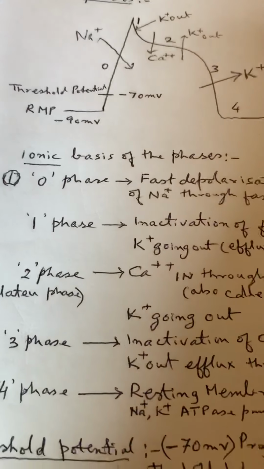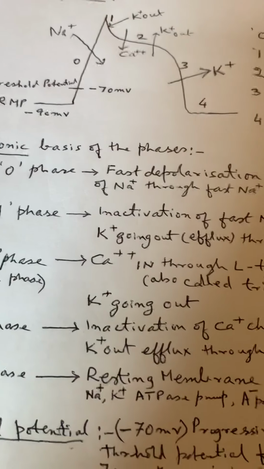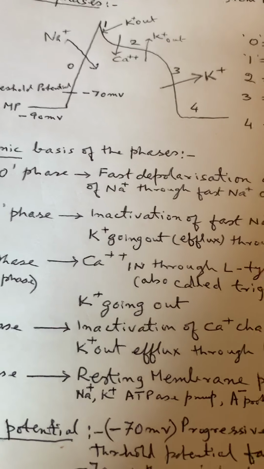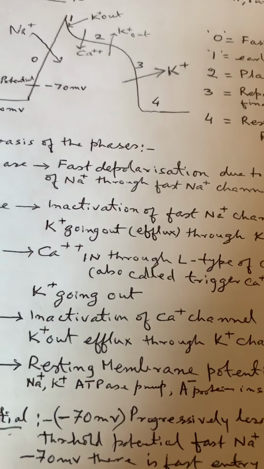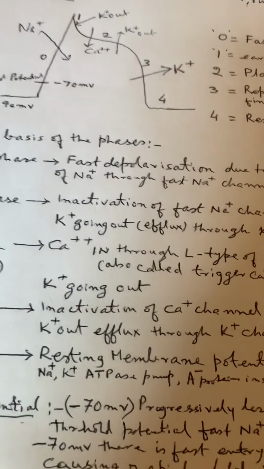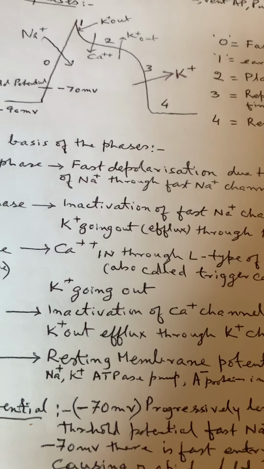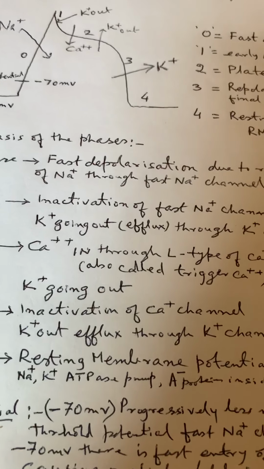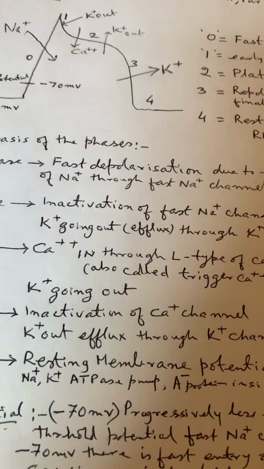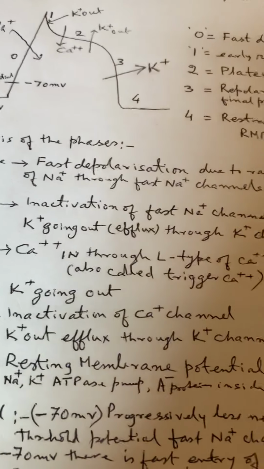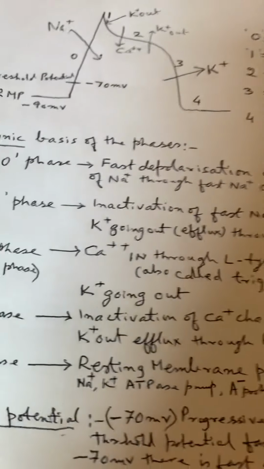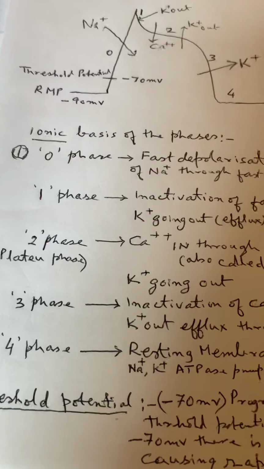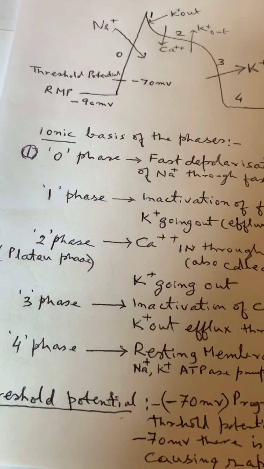Then comes phase 3. Phase 3 is inactivation of the calcium channel. The calcium channel is inactivated, no calcium is going in, and there is outward efflux of potassium. The potassium is going out through the potassium channel in phase 3. So phase 3 is the repolarization.